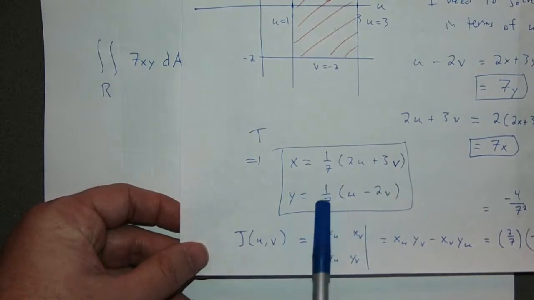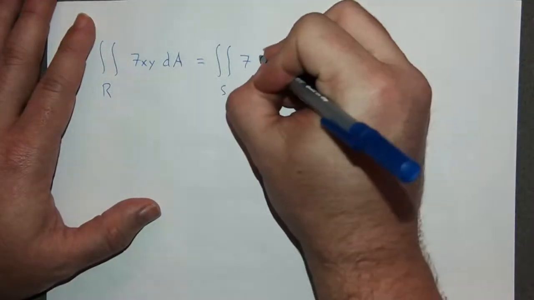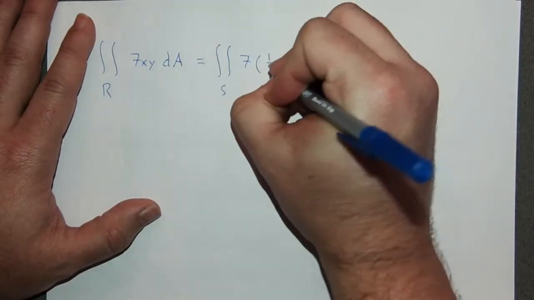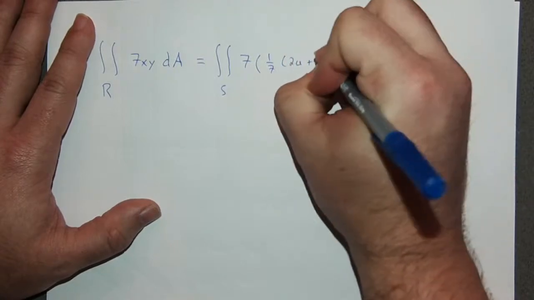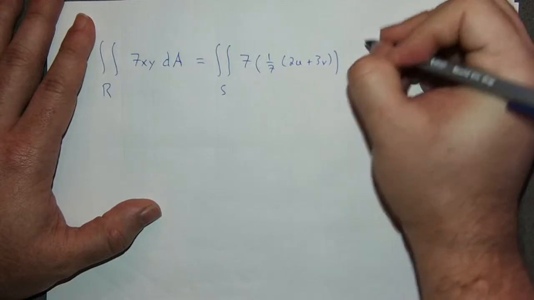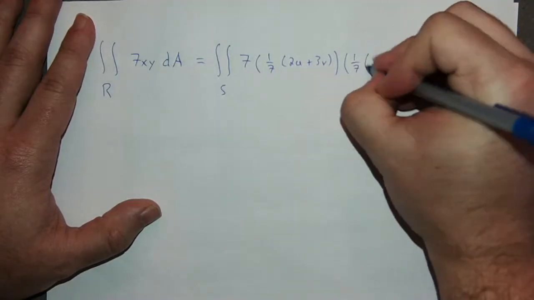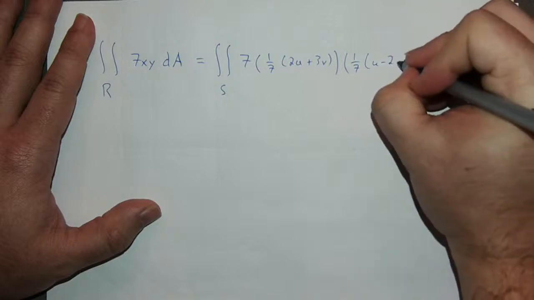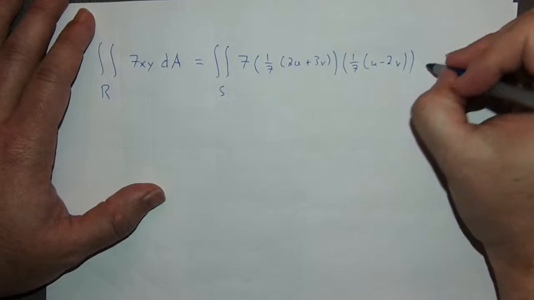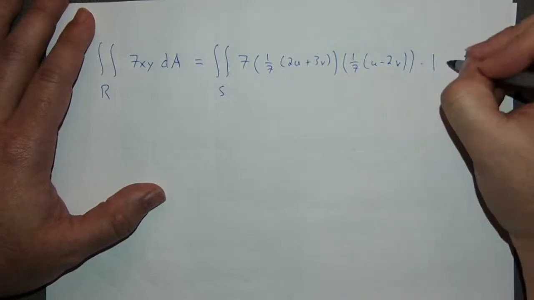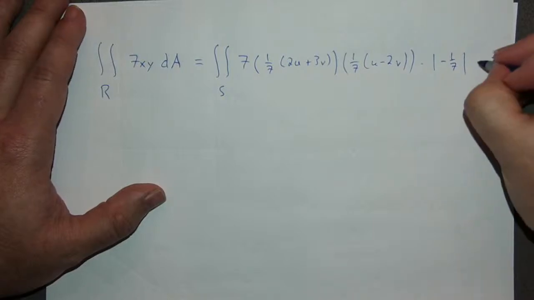For y, I plug in 1/7 (u minus 2v). So this is 7 times 1/7 (2u plus 3v) times 1/7 (u minus 2v), times the absolute value of the Jacobian, which was minus 1/7, dA.